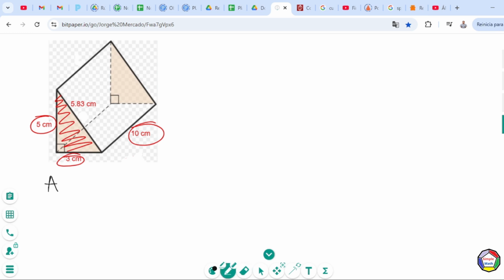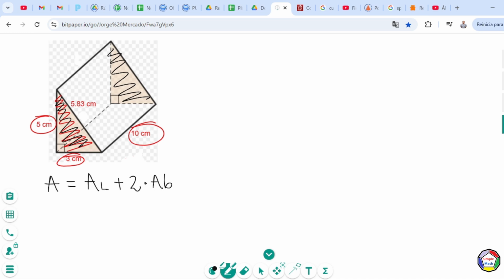The surface area of a prism, any kind of prism, is the lateral area plus 2 times the area of the base. Why times 2? Because here we have one base and another equal base. That's why we multiply that times 2.